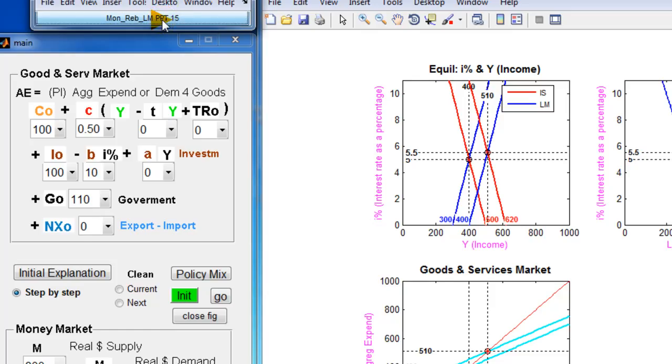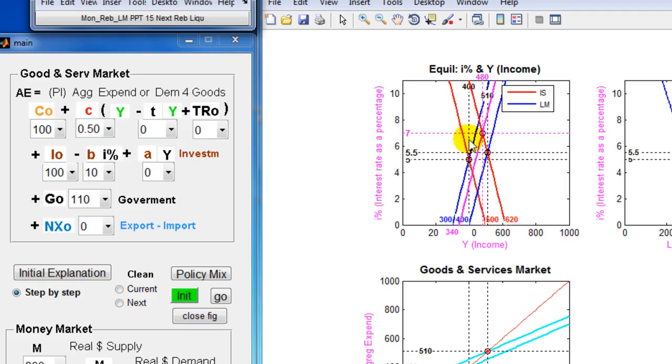So we go to the left, and then the new intersection between the IS curve and the pink LM curve is this point where the interest rate is 7.